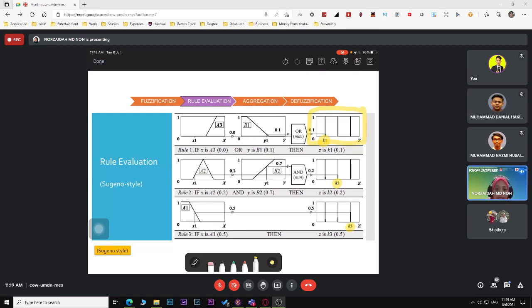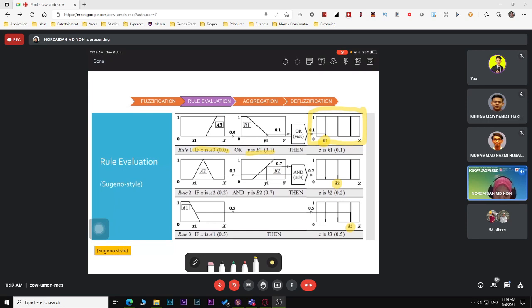So bila you do the rule evaluation, when you fire the rule, you boleh guna min and max the same. Cumanya bila you dapat value tu, dia macam clipping juga, but you clip the spike instead of clipping the graph. Okay, so contoh dekat sini, if X is A3, katakan dia dah bagi value, if X is A3 0 or Y is B1 0.1.